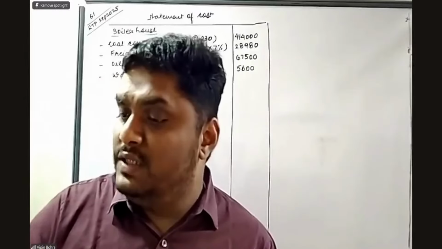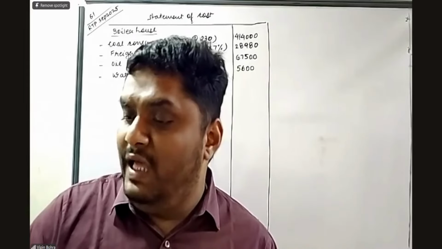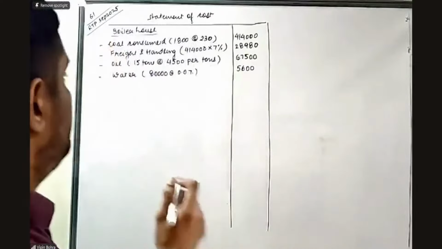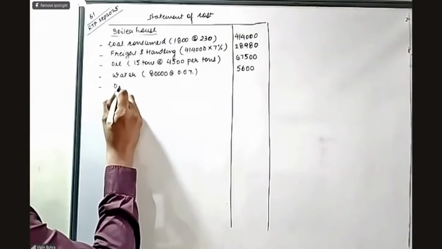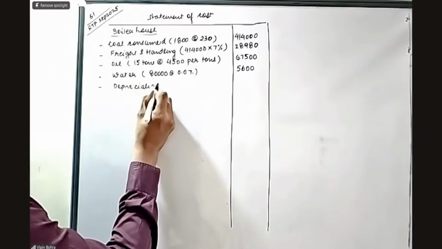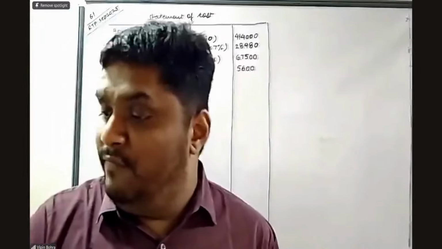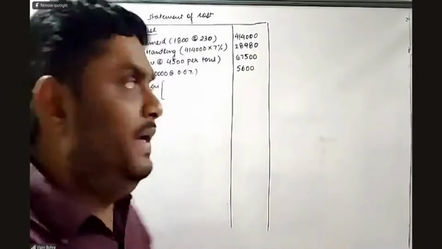Steam boiler cost is rupees 50 lakh with a residual value of 2 lakh after a life of 10 years. So let's calculate the depreciation. 50 lakh minus 2 lakh divided by 10.